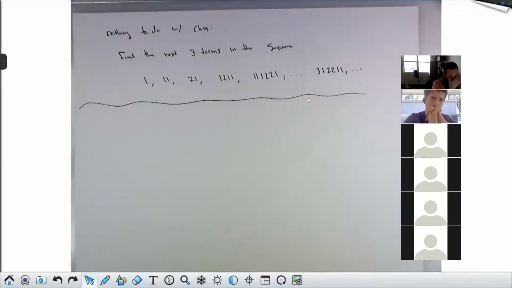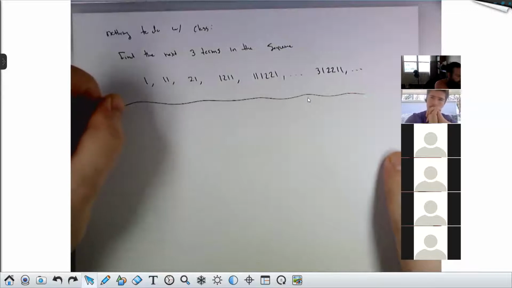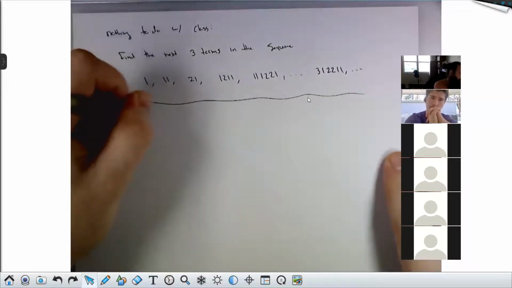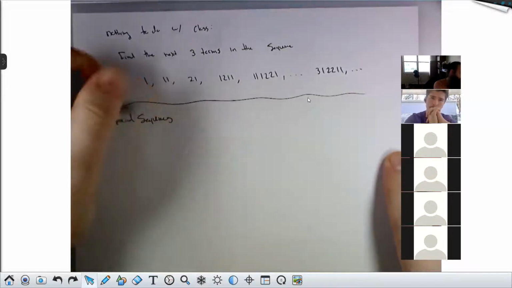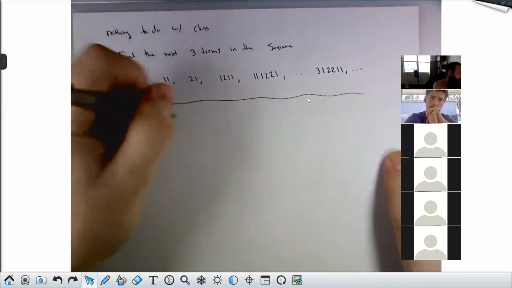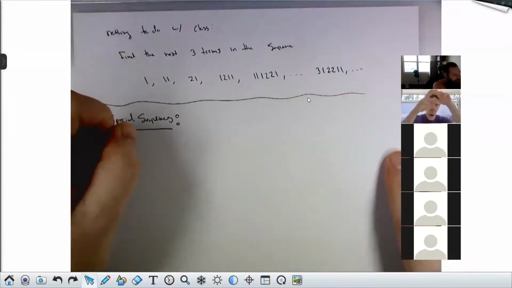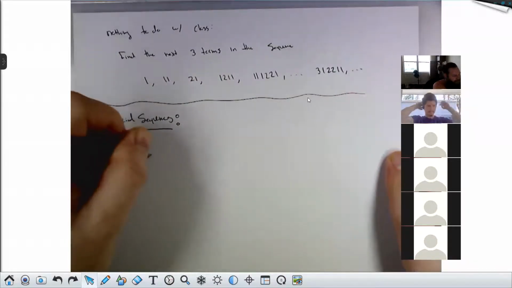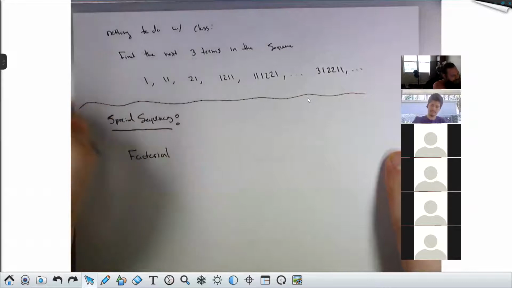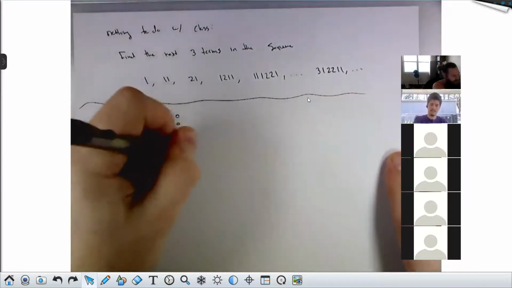Okay, other sequence stuff. There's a special sequence, so special sequences. The most important one of these for you to get used to right now is called the factorial sequence.